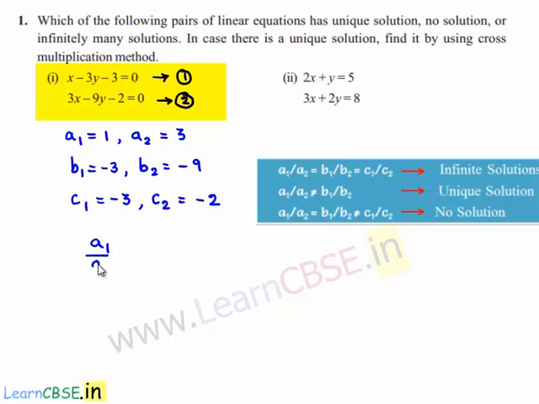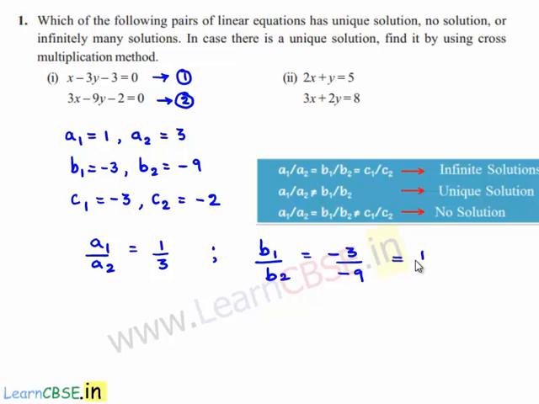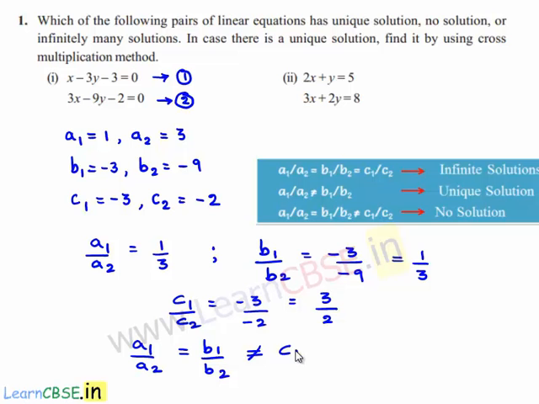So, a1/a2 = 1/3, b1/b2 = -3/-9, that is equal to 1/3, c1/c2 = -3/-2, which is 3/2. So, if we observe, a1/a2 is equal to b1/b2, which is not equal to c1/c2.